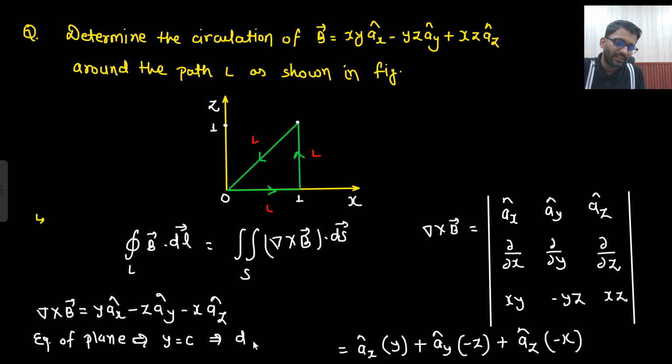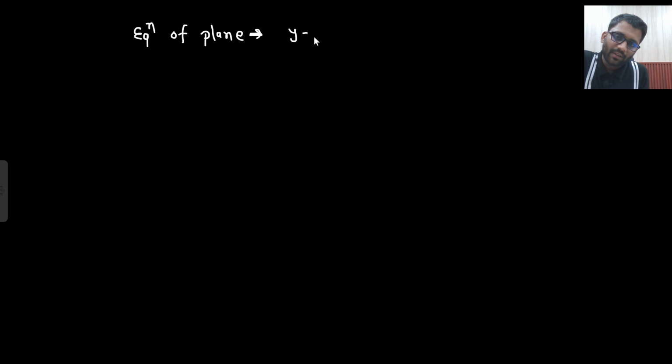So what will be your ds? You need to write down ds. First write down the direction of ds. Let's do it on the next page, equation of plane, that is y equals to constant, right?